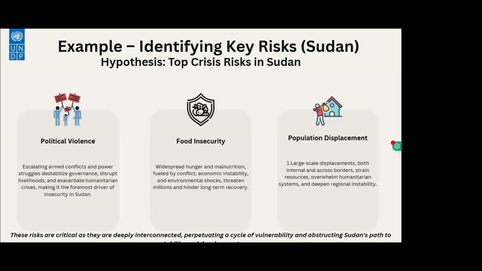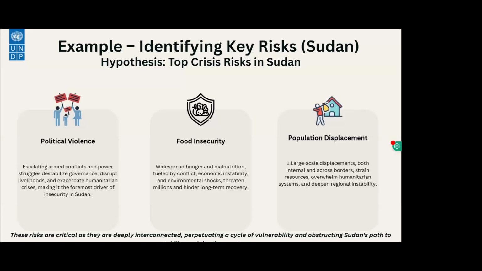So let's say we've done our preliminary consultations and risk identification, and we decided that the top 3 crisis risks in Sudan are political violence. We know that Sudan has experienced armed conflicts, for example, the fighting between the military and clashes.